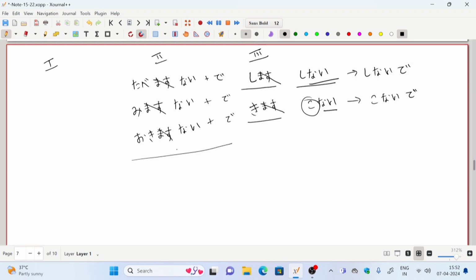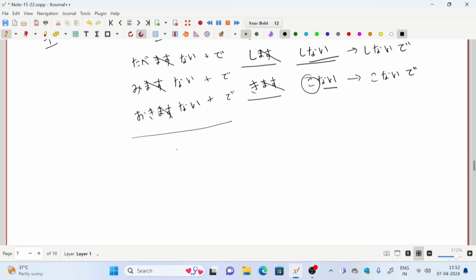For the first group verbs, although the first group is divided further, it has only one rule for all the verbs. Suppose it is ikimasu or hanashimasu or machimasu. How will it change? We'll change the I sound into the A sound.